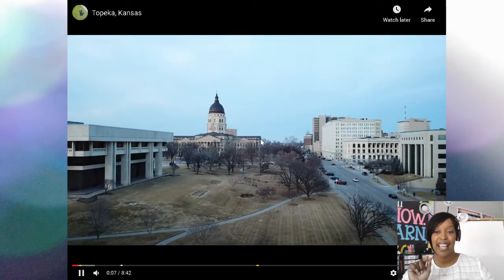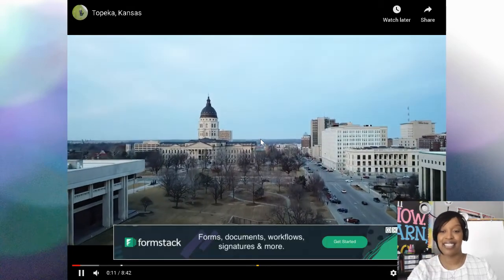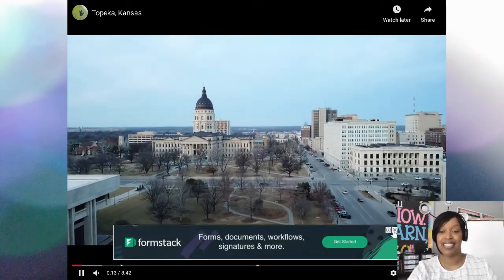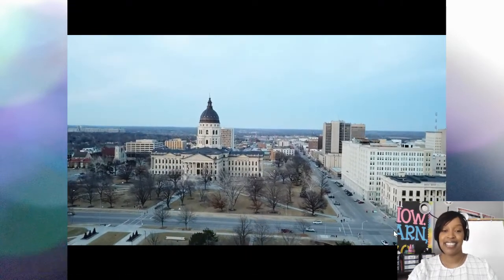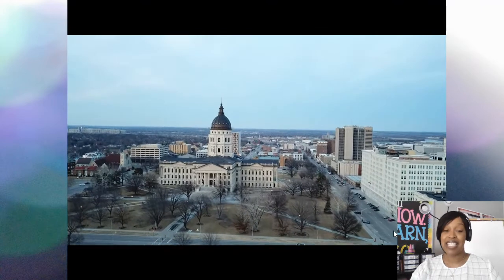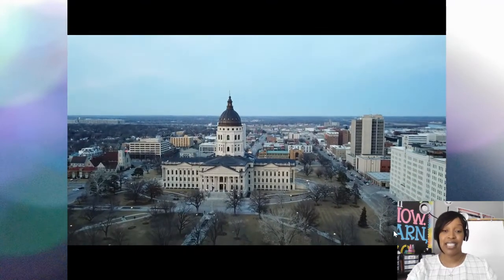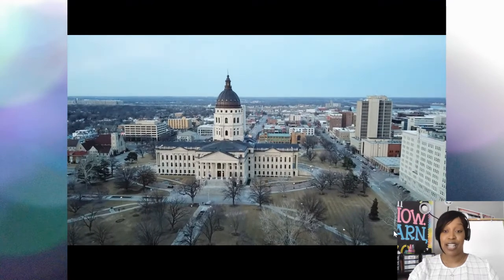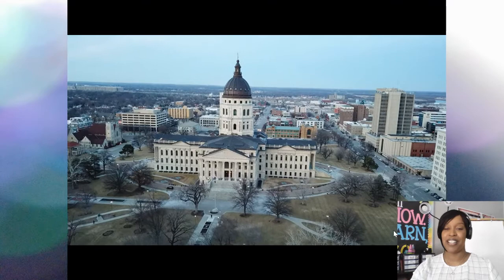Oh, there it is. Do you see it? This video looks a lot different from the first one. I see lots of cars. I don't think I saw too many cars in the first video.